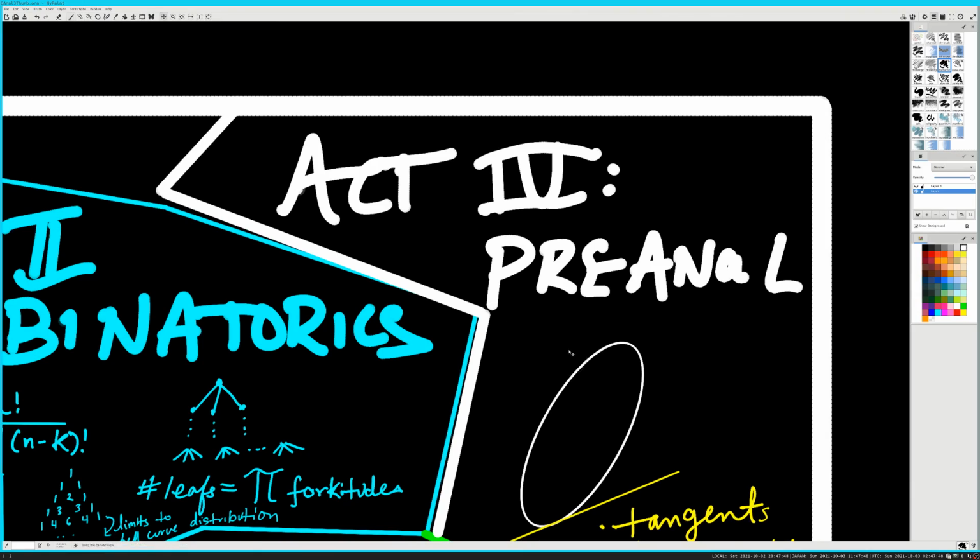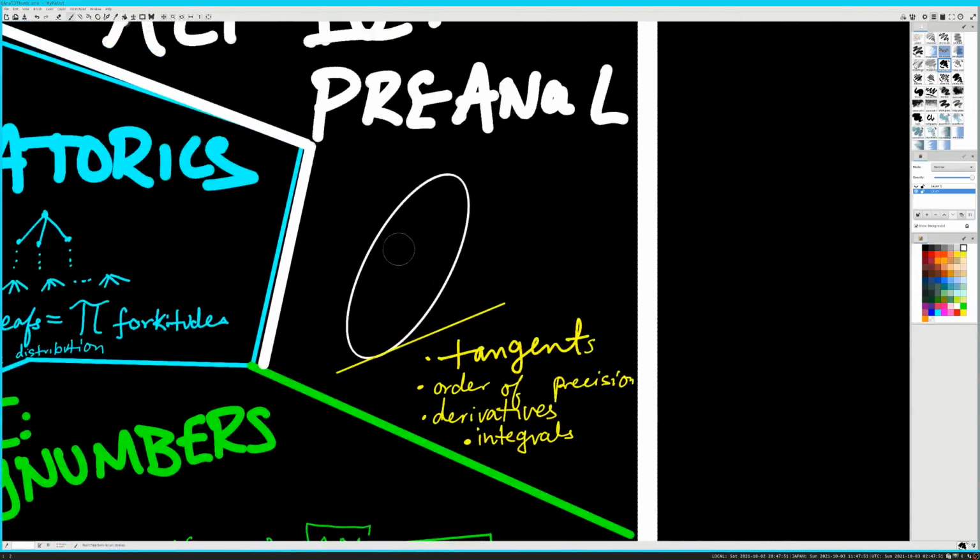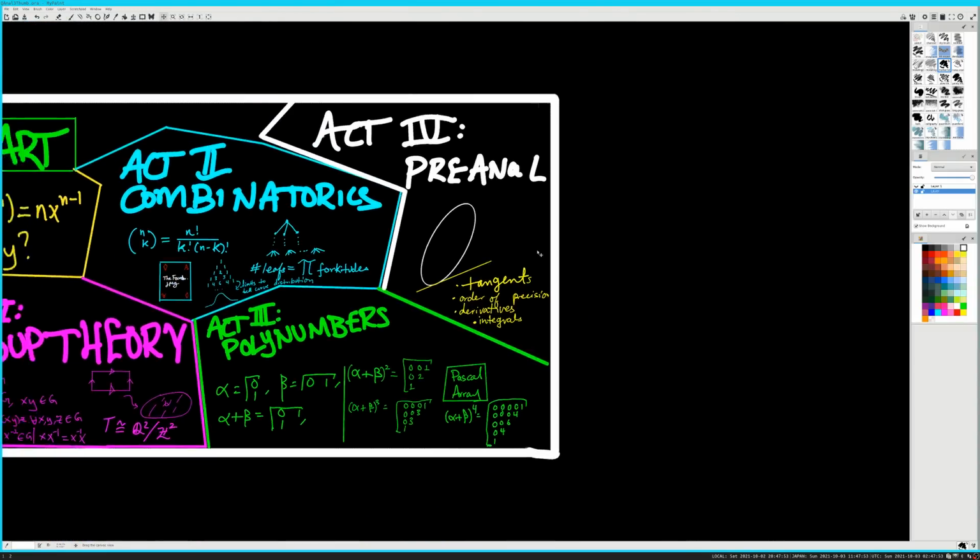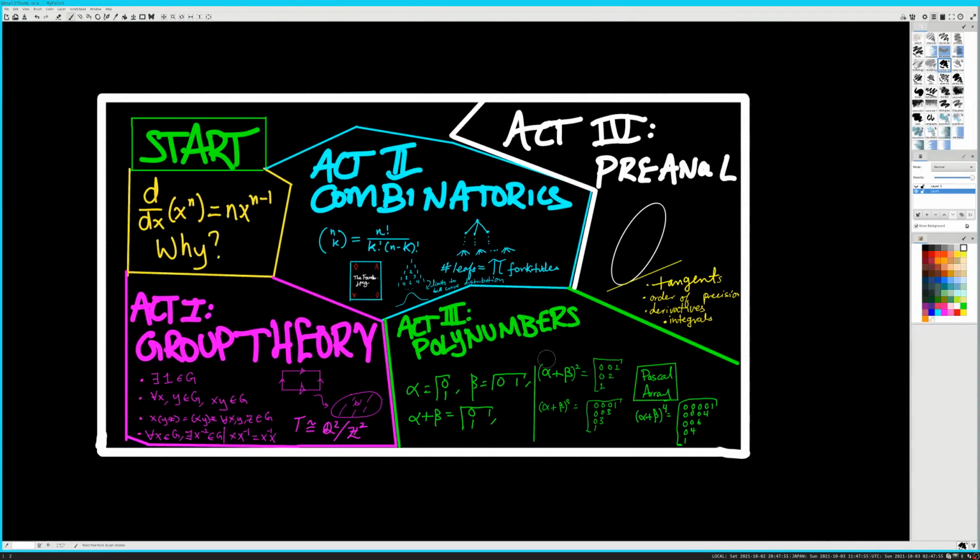Yeah, and that makes sense that the whole thing is leading up to pre-anal. And then it gets shoved into the little corner here. Integrals, polynumbers, group theory, combinatorics, polynumbers, pre-anal, tangent, order of precision, integrals.